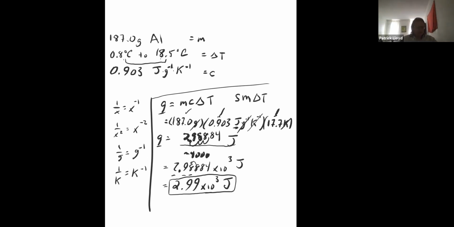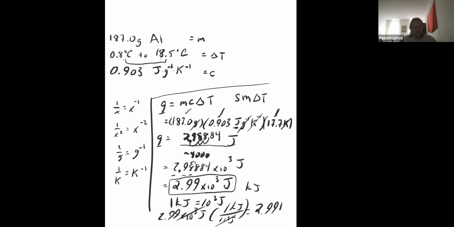If they want it in kilojoules, remember kilo's 1,000, right? 1 kilojoule is 10 to the 3 joules. So just do the conversion. 2.99 times 10 to the 3 joules, 1 kilojoule is 10 to the 3 joules. Your 10 to the 3 cancel, and you get 2.99 kilojoules. And there you go. That one's not too bad. Once you get the first one, this one's not bad at all.